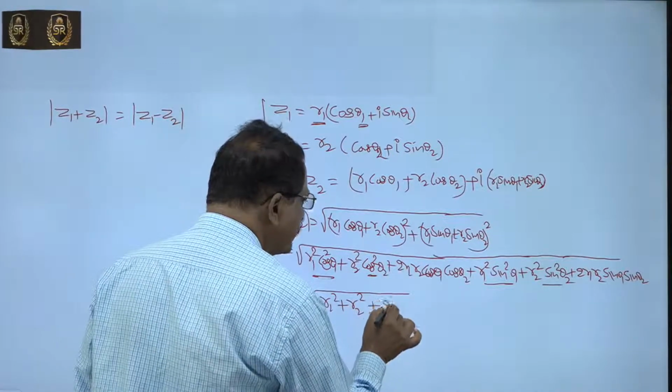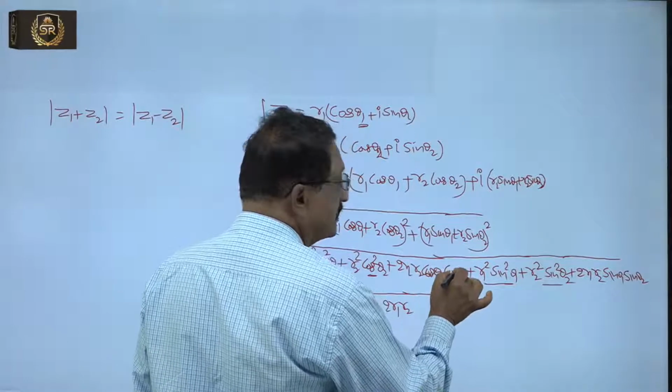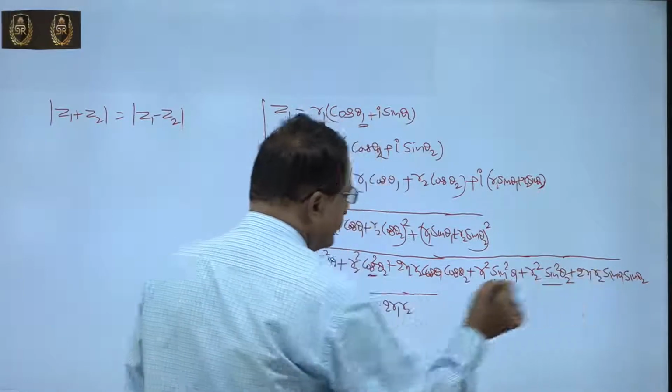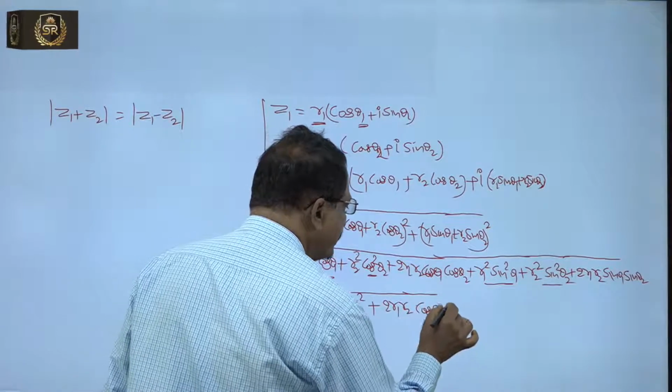Next, in remaining two terms, 2 r1 r2 take common, we get cos theta 1 cos theta 2 plus sin theta 1 sin theta 2, that is nothing but cos of theta 1 minus theta 2.